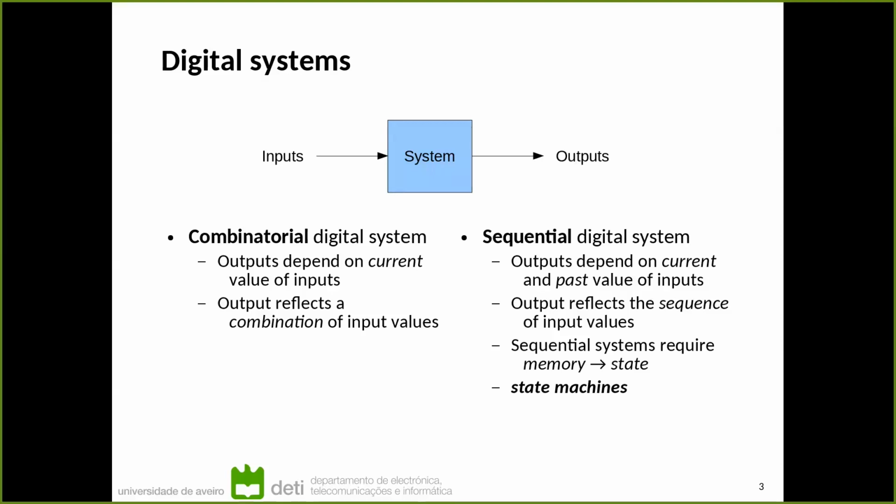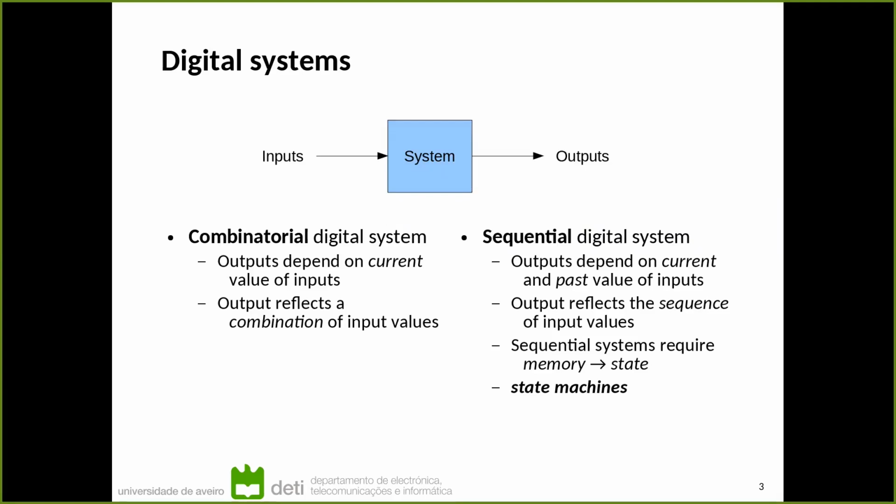In combinatorial digital systems, the outputs depend only on the current value of inputs. So this means that the outputs are a combination of the input values. That defines a combinatorial system.